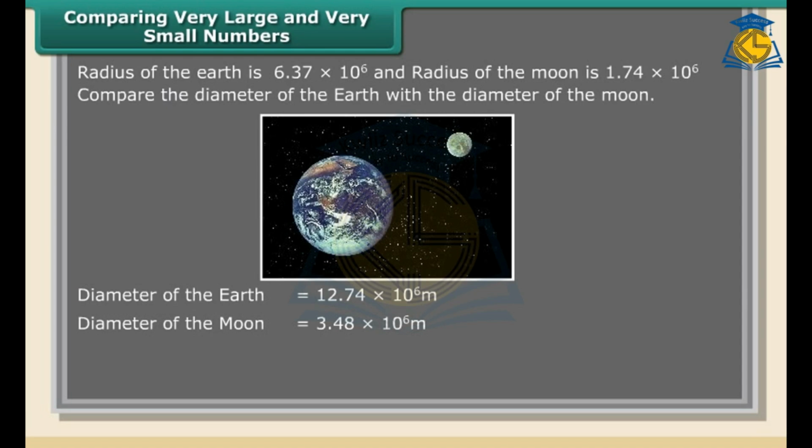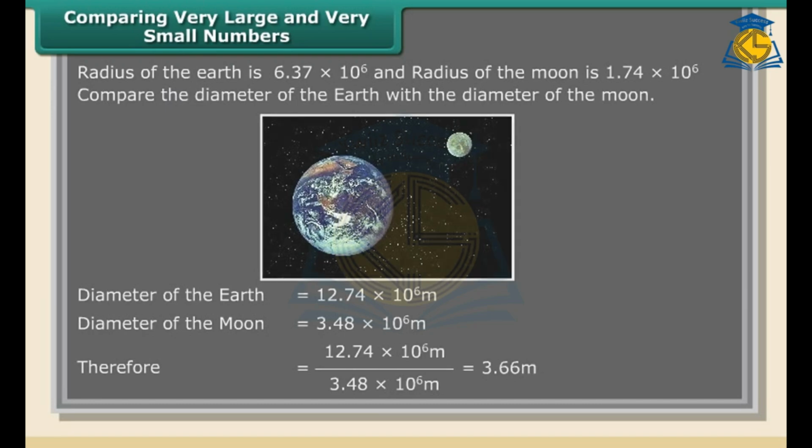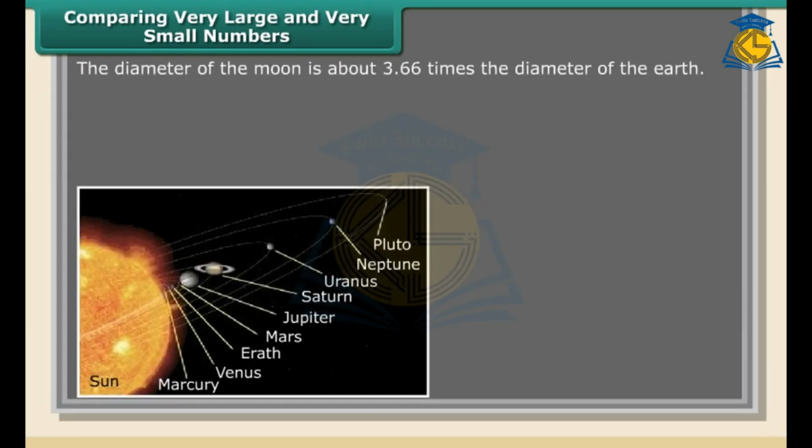Diameter of the moon is equal to 3.48 into 10 raised to the power 6 meters. Therefore, 12.74 into 10 raised to the power 6 upon 3.48 into 10 raised to the power 6 is equal to 3.66. The diameter of the earth is about 3.66 times the diameter of the moon.